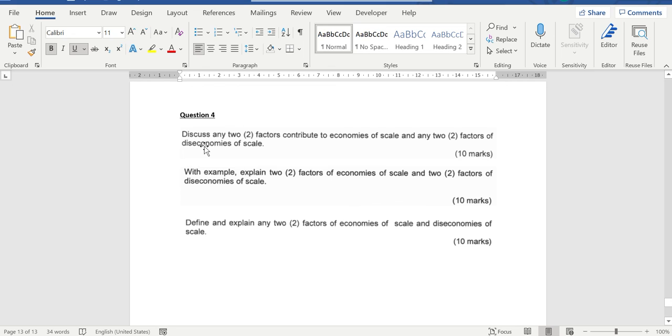And look at question 4. Okay, discuss any two factors that contribute to these economies of scale, and discuss any two factors that result in these diseconomies of scale. So dia nak dua, tapi dia tak suruh awak draw the diagram kan. So you boleh cerita mana-mana factors yang menyebabkan economies of scale dan mana-mana factors yang menyebabkan these diseconomies of scale.